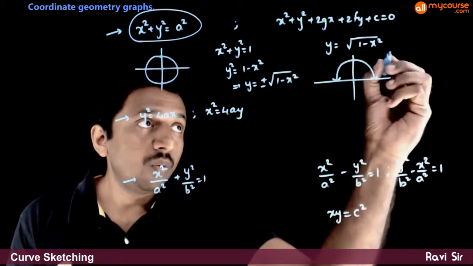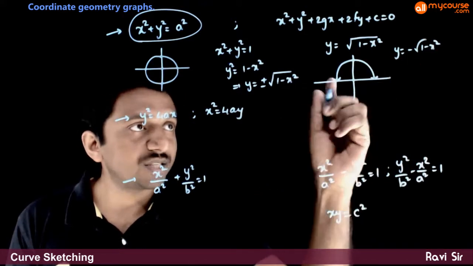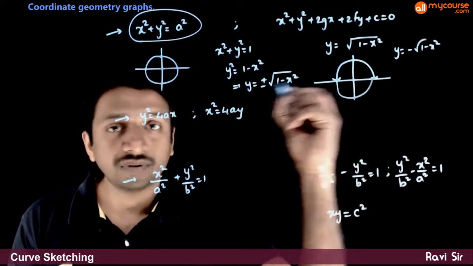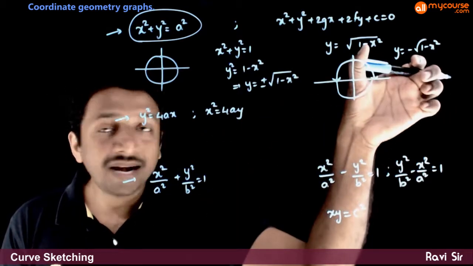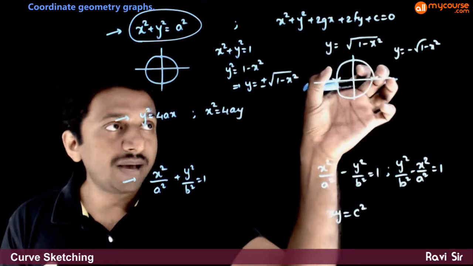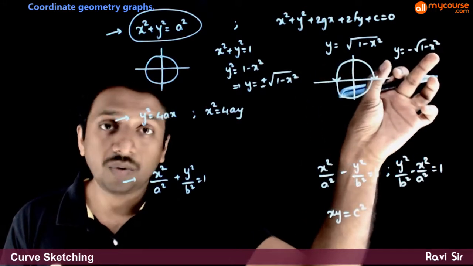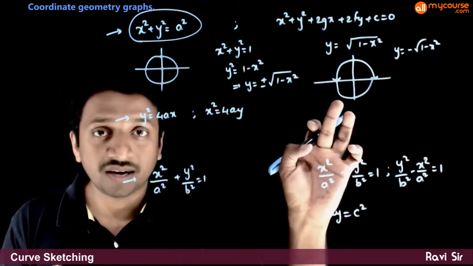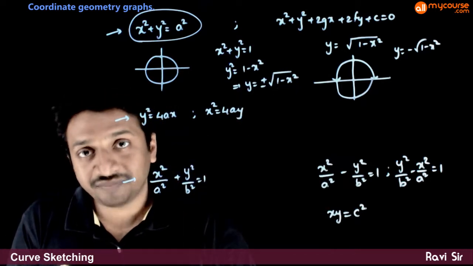And y is equal to minus root of 1 minus x square corresponds to the other half of the circle which lies below x-axis. So combinedly these two constitute the full circle. Y is equal to plus root 1 minus x square represents a semicircle which is above x-axis. Y is equal to minus root 1 minus x square represents a semicircle below x-axis. Right?